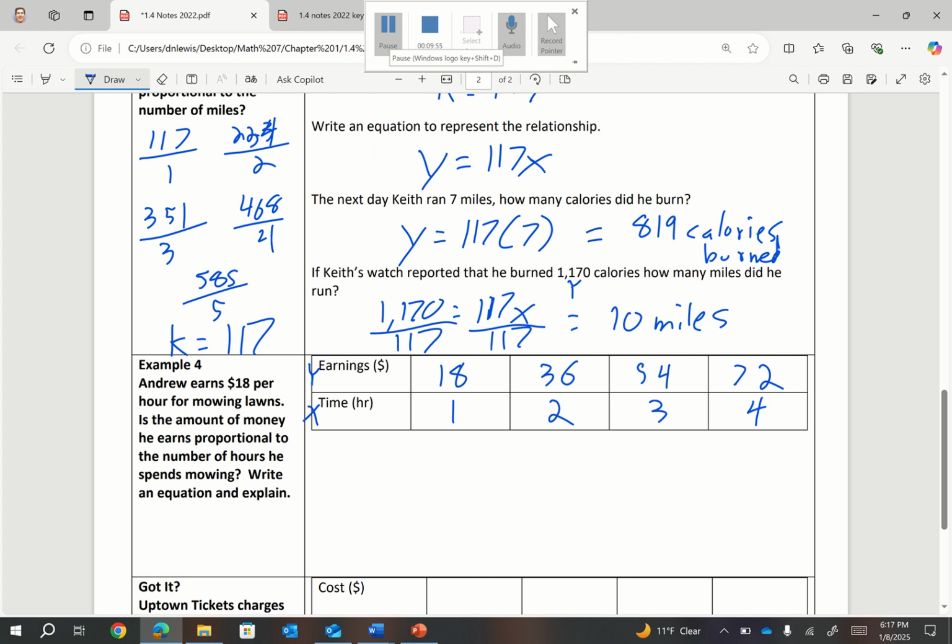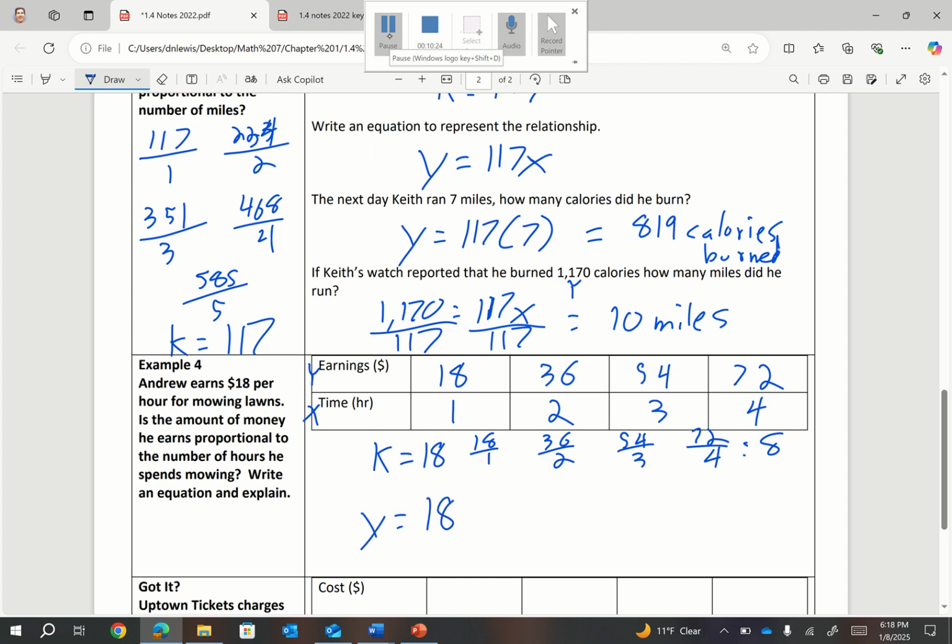So, in order to write our equation, we need to know what our constant of proportionality is. So I gotta do 18 divided by 1, 36 divided by 2, 54 divided by 3, 72 divided by 4. Or we could just know that that was moving by 18 every time. Those are going to keep equaling 18. Our constant of proportionality is 18. So we're going to plug that into our equation.